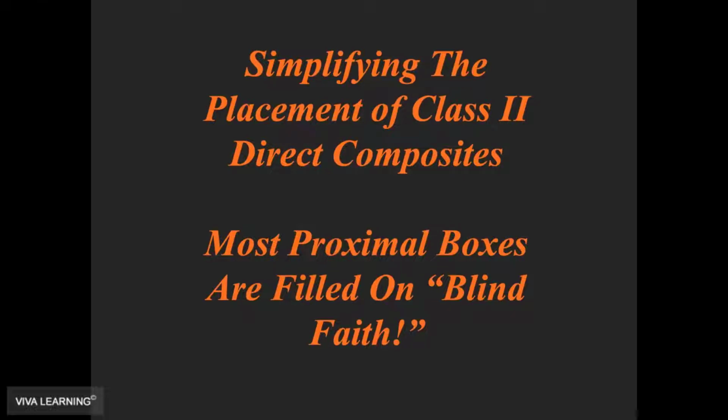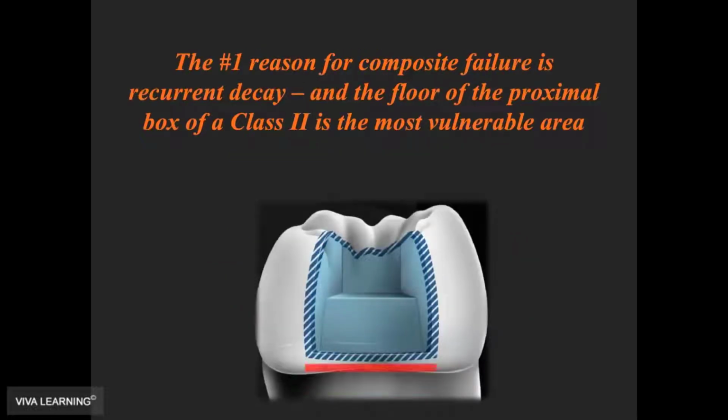As we've seen in so many different things, as we go to the next slide, we know that the box is one of the most challenging places. As the illustration shows, where the red line is, that gingival aspect of every proximal box that we create is where all of the failure occurs.